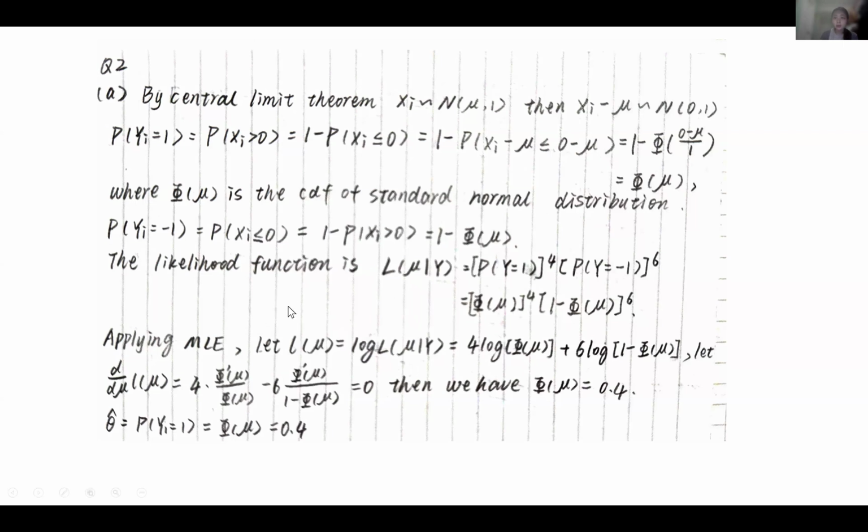So we can have the likelihood function there. Now applying the MLE, this equals the log, and we make the first derivative equal to 0. Then we have phi(mu) equals 0.4, and the estimator of theta equals phi(mu) equals 0.4 here.